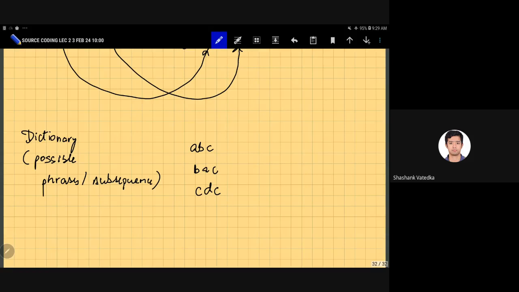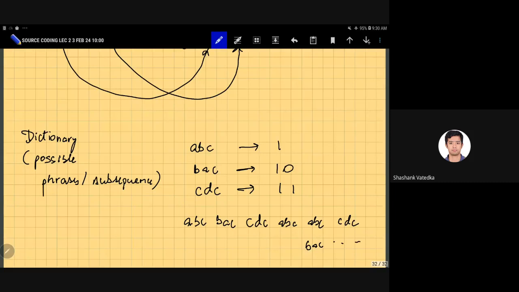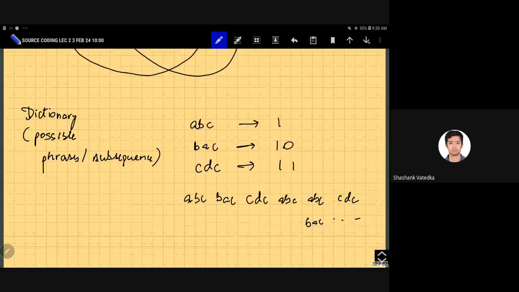Then I could assign a code word of 1 for the phrase ABC, 10 for BAC, and 11 for CDC. So my sequence could look like this: ABC, BAC, CDC, ABC, ABC, CDC, BAC, and so on. I can just encode it using this particular rule.